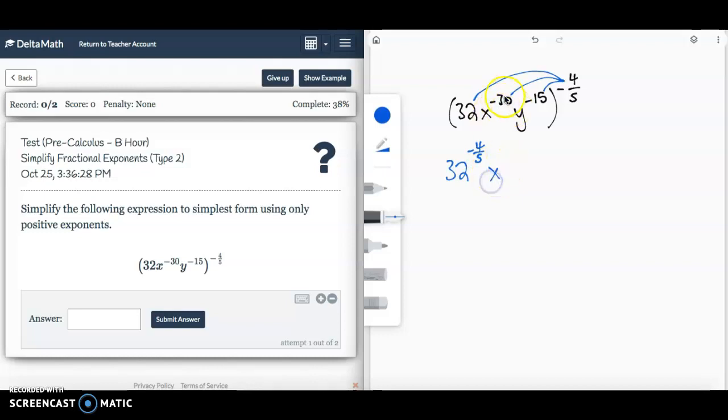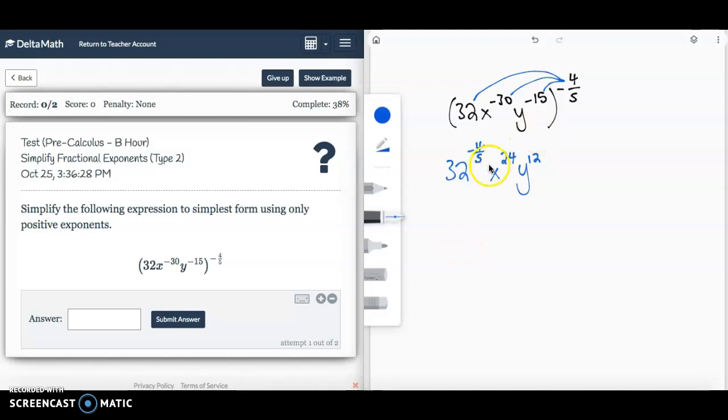I'll have x to the, when I have this power to a power, multiply those powers. So I'm going to do -30 times -4/5, which gives me +24. And then do the same thing with my y's, but I'm going to do -15 times -4/5. And I get a +12.